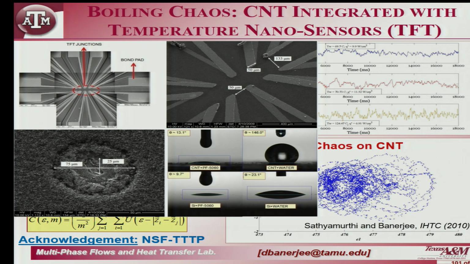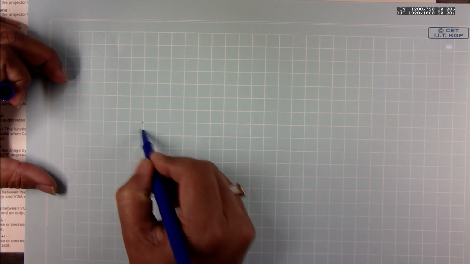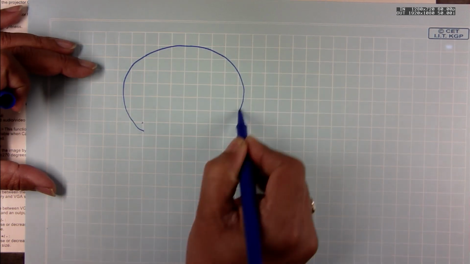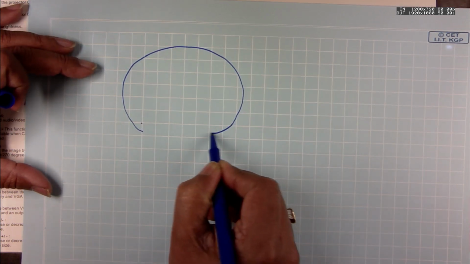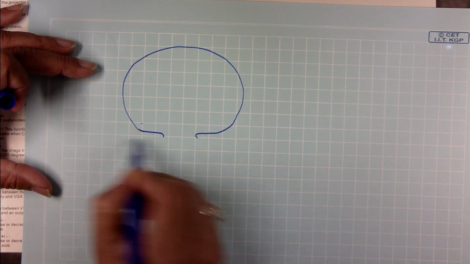Okay. So if I look at it in a sort of a schematic way, let us say I have formed this 20 micron bubble, with the micro layer in there, right.